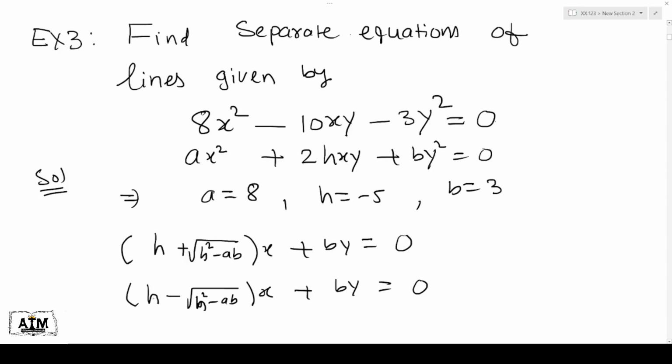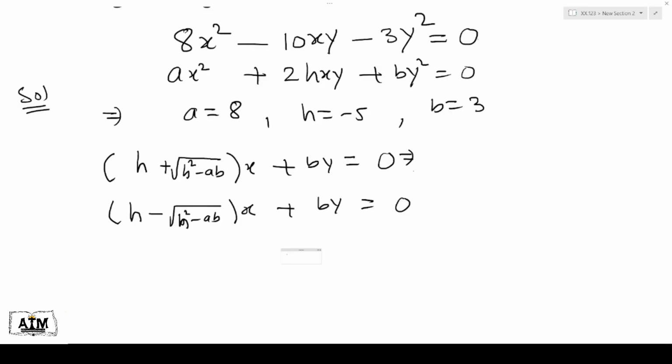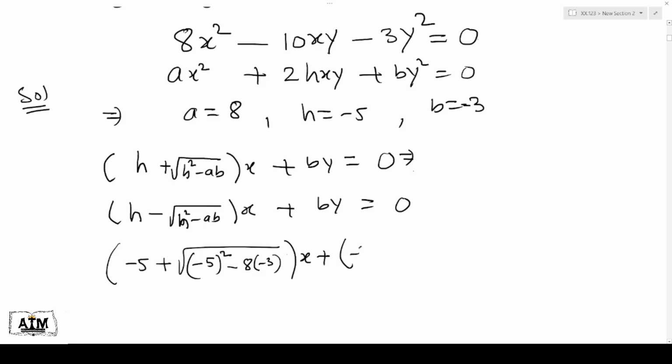So by using this relationship, this formula, you can easily find the separate equations of the two lines. Here a is 8 and b value is minus 3. Now putting these values in this formula: h value minus 5 plus under root of h square, minus 5 whole square, minus ab, that is 8 into minus 3, bracket close, x plus by, that is minus 3y equals to 0.